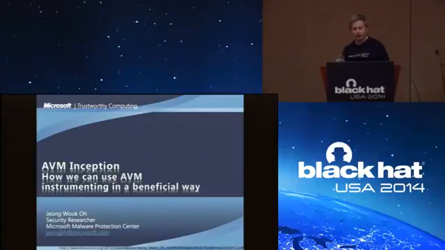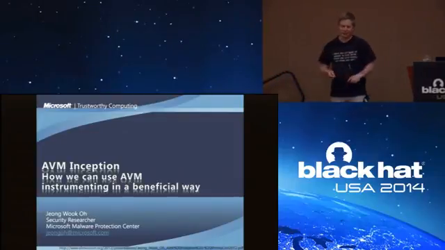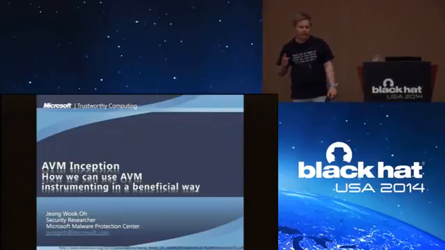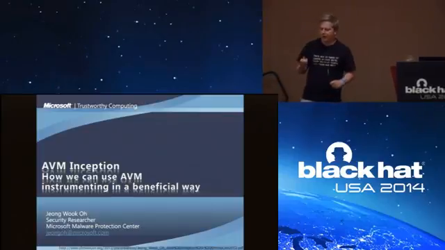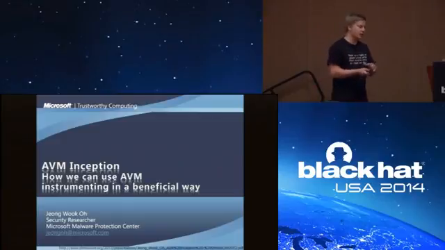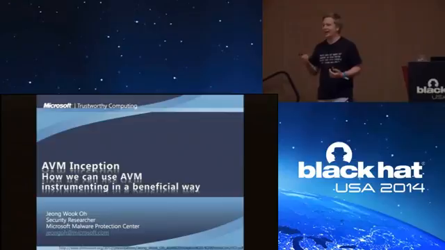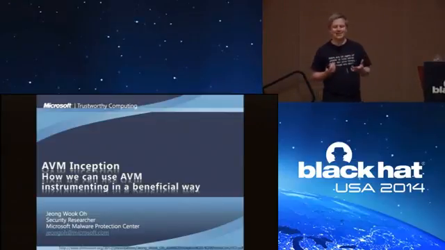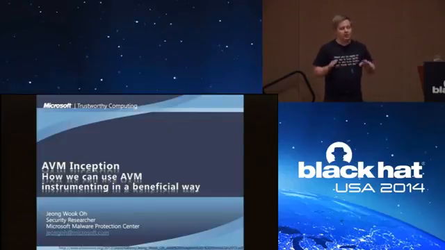Here's one of Matt's presentations. This is from ShmooCon 2012. Matt can later correct me if I get this wrong, but I think he presented two different methods for instrumenting Flash files. The first one was about modifying the Flash object itself by adding new code that essentially hooks the Flash file. The second approach was called class hooking, and the idea there was that all classes are resolved by name during runtime, and there's an array for that.